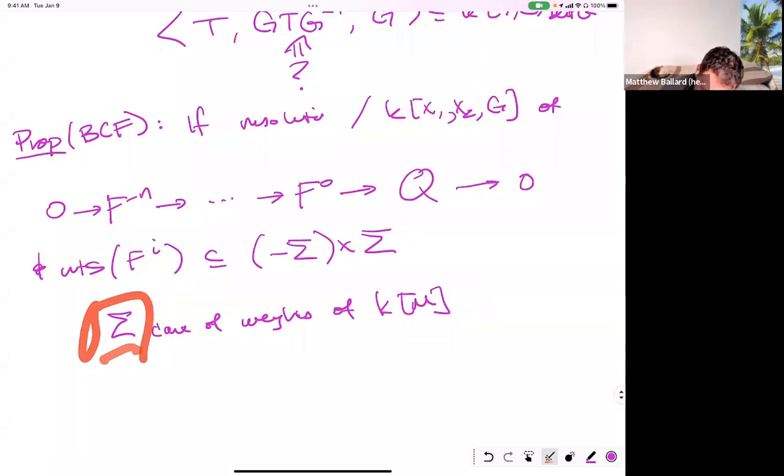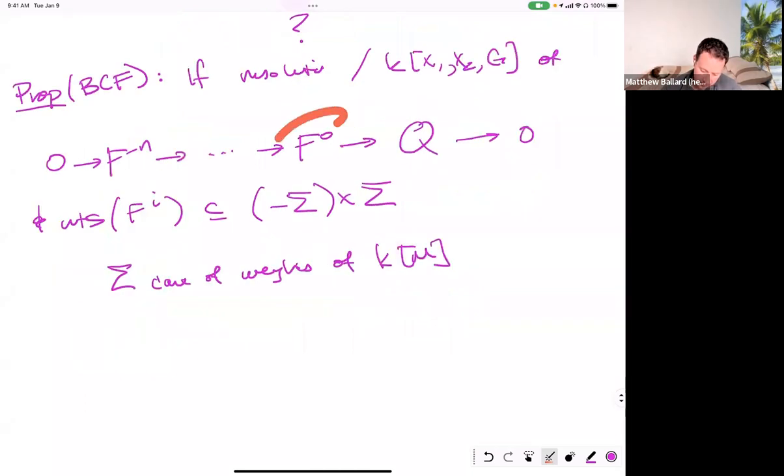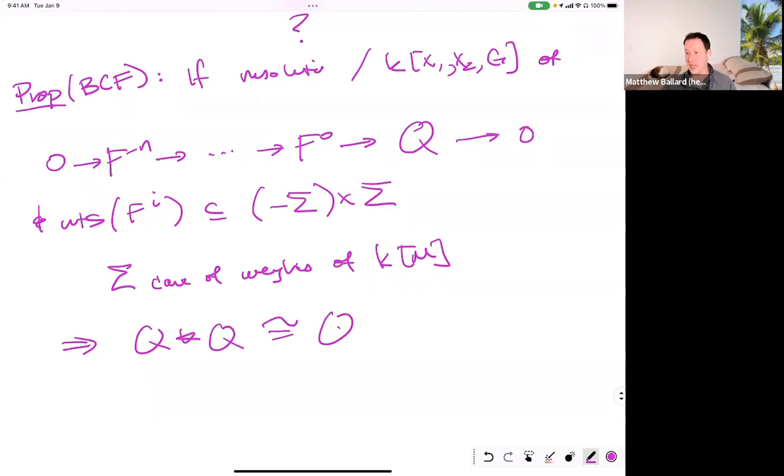But what I want is I want to know that the weights of my components in my resolution actually live in the product of these two cones. So if I know that, then this will imply that Q star Q is isomorphic. So indeed, I have some idempotent in the category for these things. Okay.